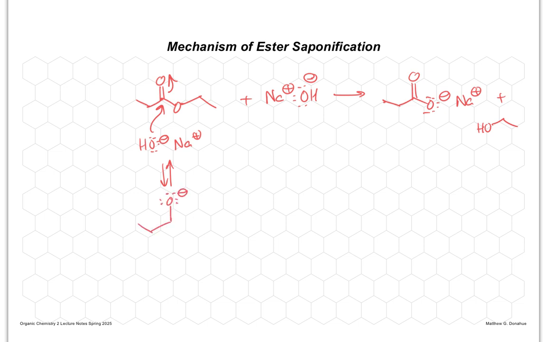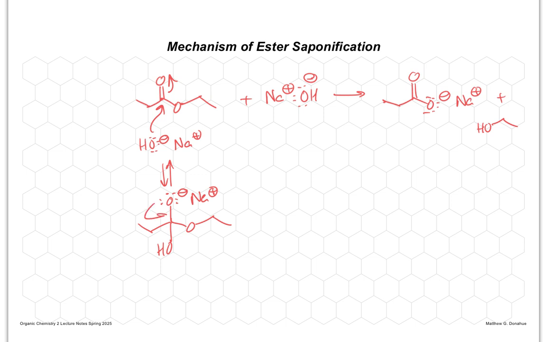And then the carbonyl oxygen becomes negative, and it's balanced off by sodium, which is positive. Through that addition, the hybridization changes to sp3. That's the tetrahedral intermediate.